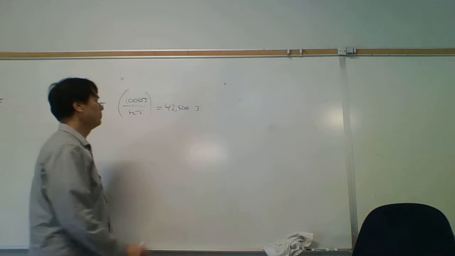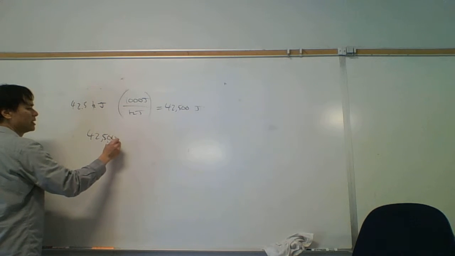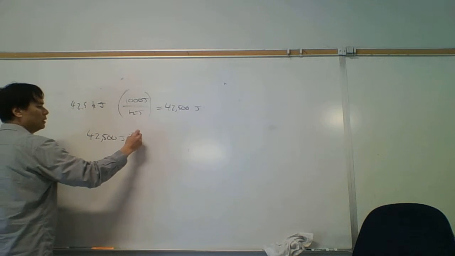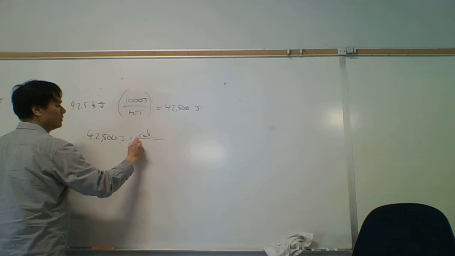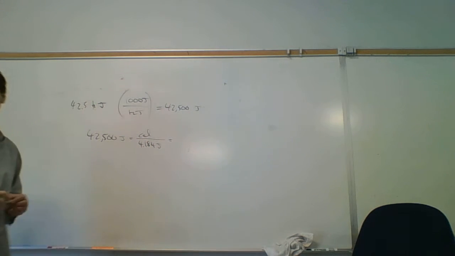All right, if I have 42,500 joules, then we can figure out how many calories that is. 1 calorie is equal to 4.184 joules. So what does that come out to? Do the calculation here: 42,500 divided by 4.184.